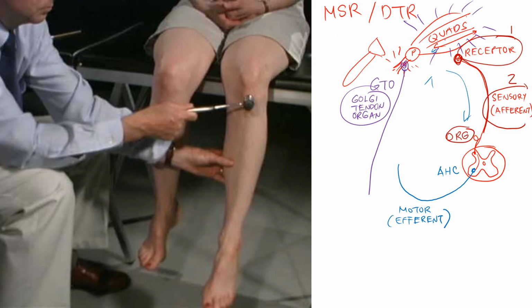And number 3, it synapses with your anterior horn cell, your motor neuron, and your motor fiber. That's your efferent limb. And then lastly, you have your effector organ, which in this case is muscle, your quads. So you have 1, 2, 3, 4. Basically, that's your reflex arc.